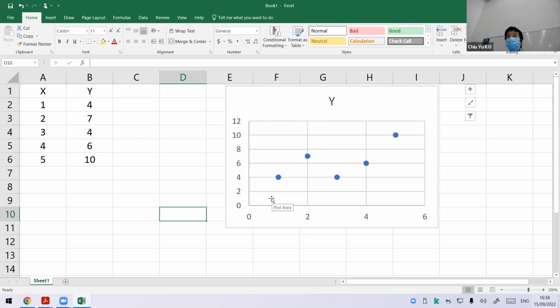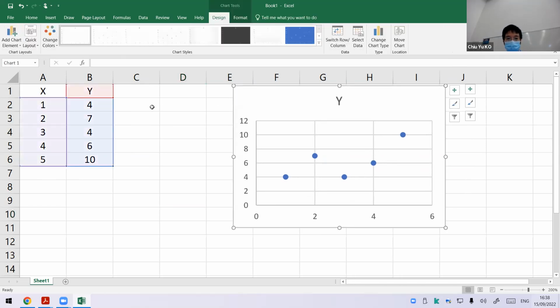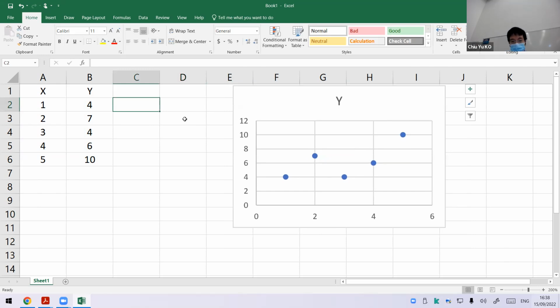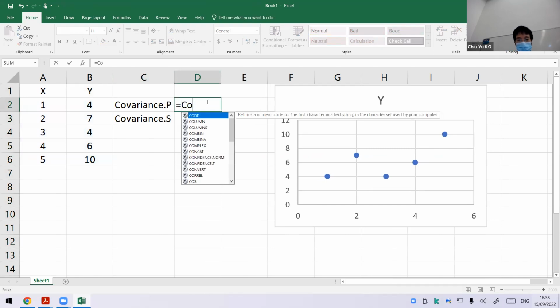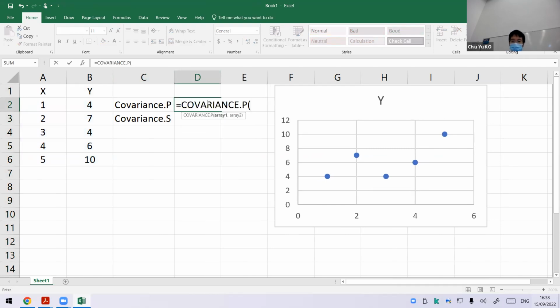So what I want to show is the following. I want to show several measures. First is the covariance, the population version, and the covariance.S. There are two calculations here. It will be COVARIANCE.P, and then you have to input two sets of data.